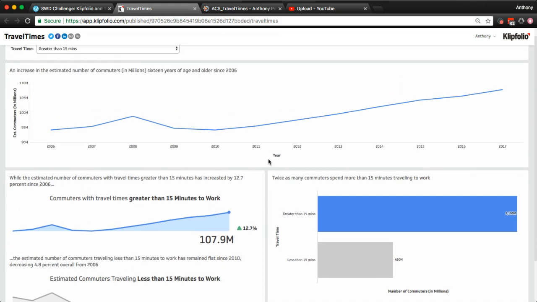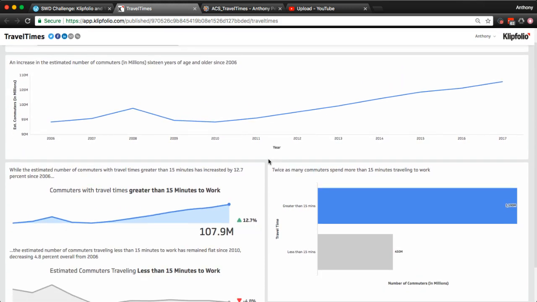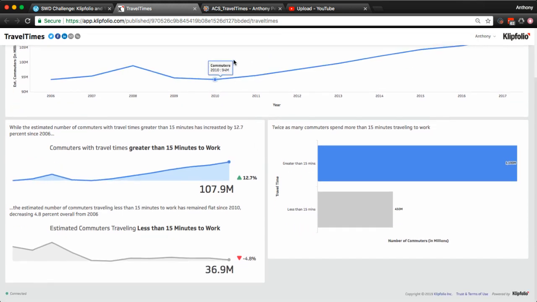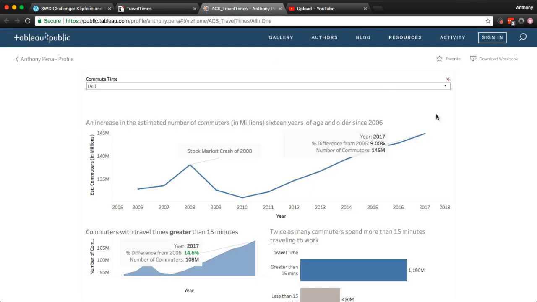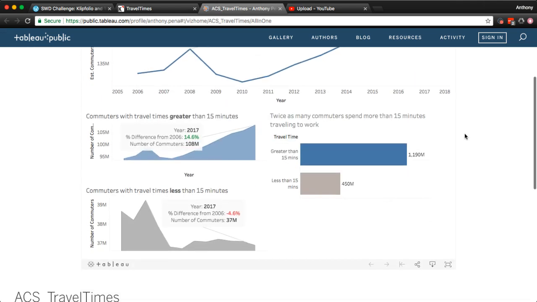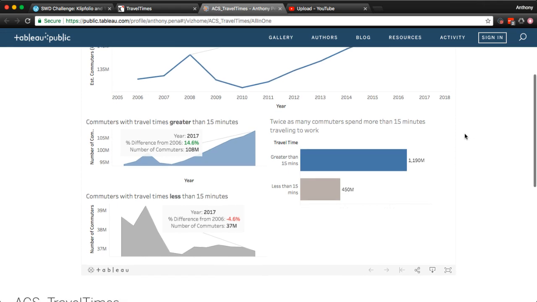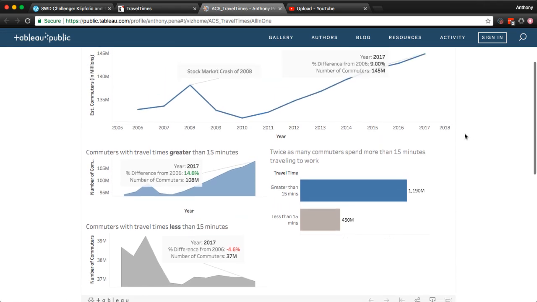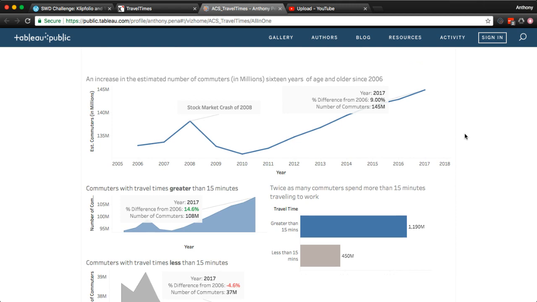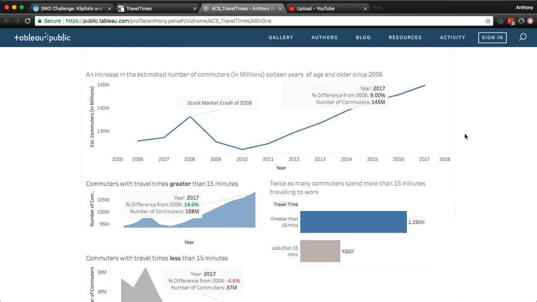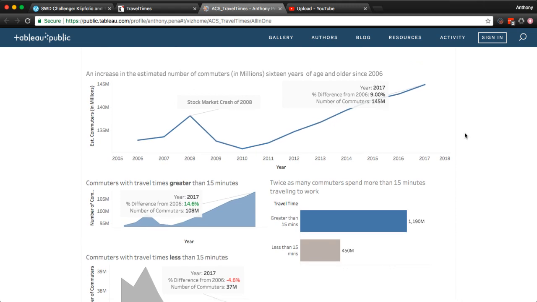So again, the idea was to really push the limits of Klipfolio in the direction where I feel it's actually weaker. And by contrast, we can see in Tableau the same message that I attempted to get across in Klipfolio. Now, I'll go into the very specific differences in a second.